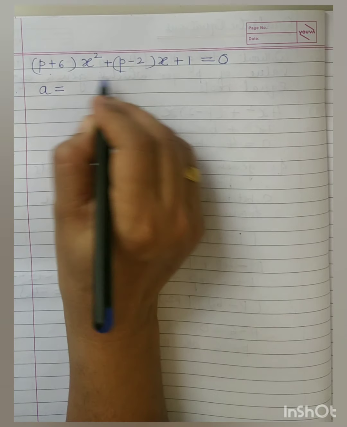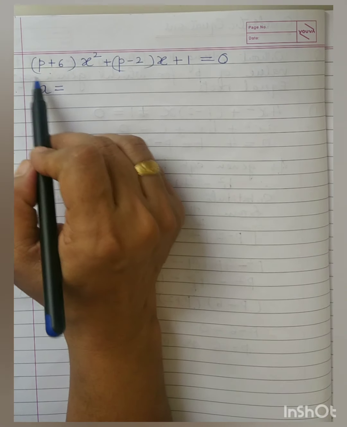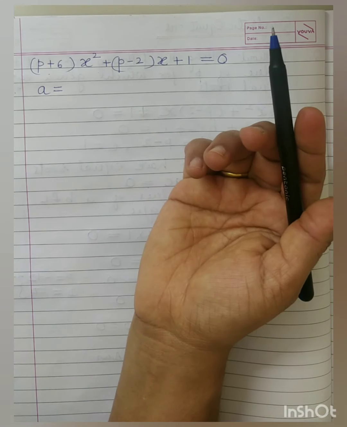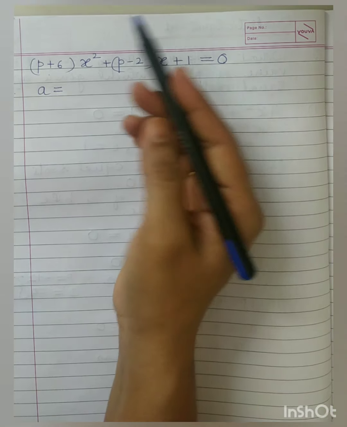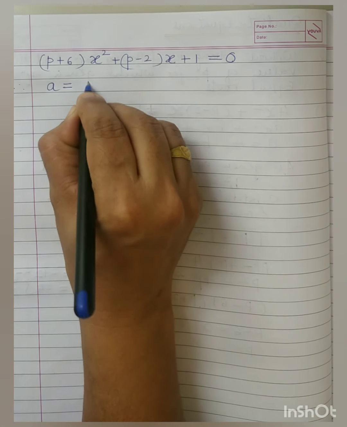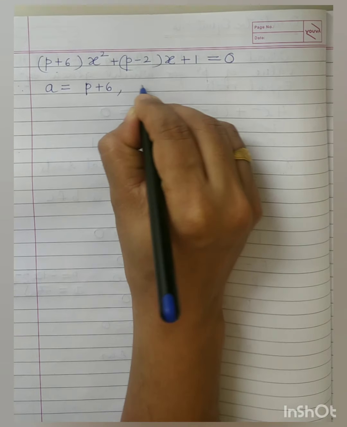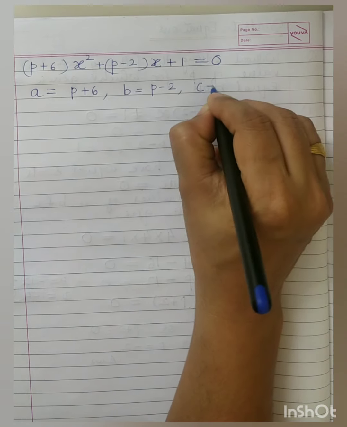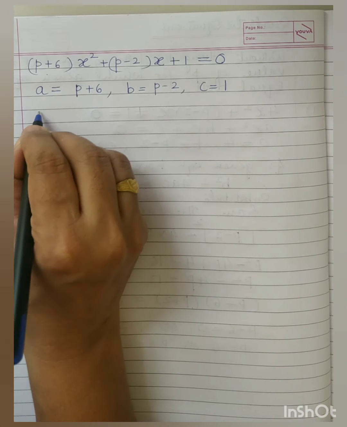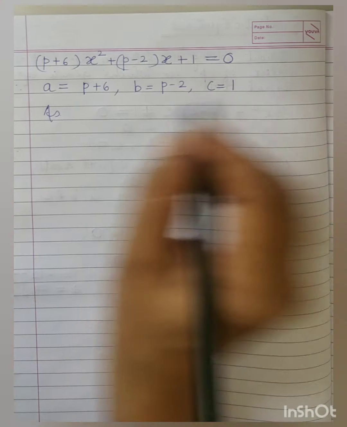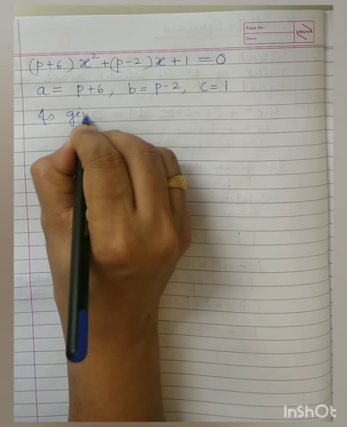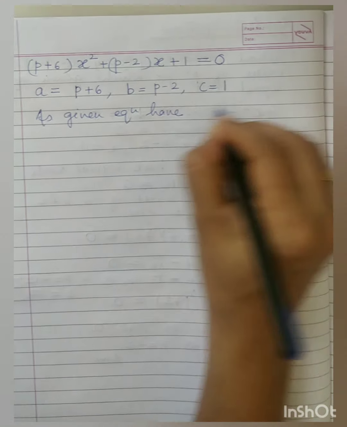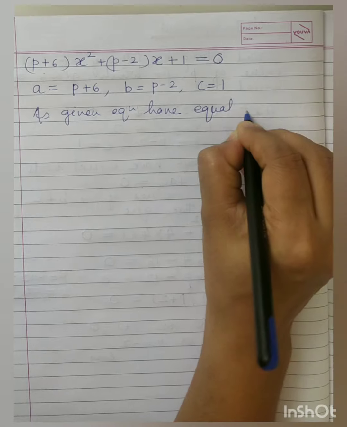It is very important to understand that the equation must be written in standard form. If it is not given in standard form, you need to make it standard form. So what is a here? p plus 6. What is b? p minus 2. What is c? 1, right? And again you need to write the statement: given equation has equal roots.